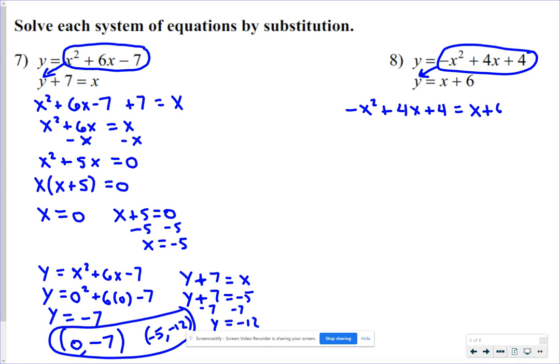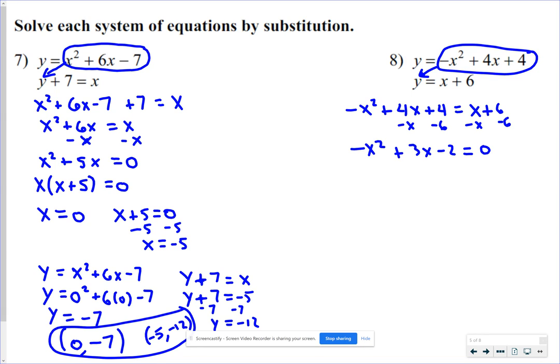I'm going to set it equal to 0 by subtracting an x from both sides and subtracting a 6 from both sides. So we'll have negative x squared plus 3x minus 2 equals 0.